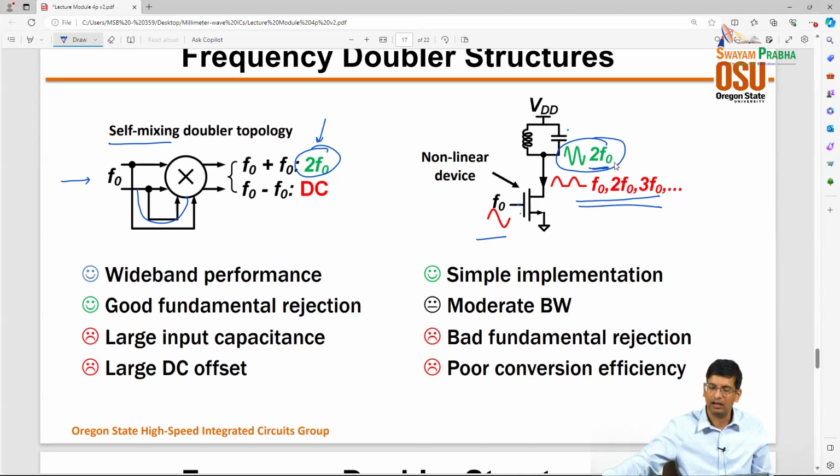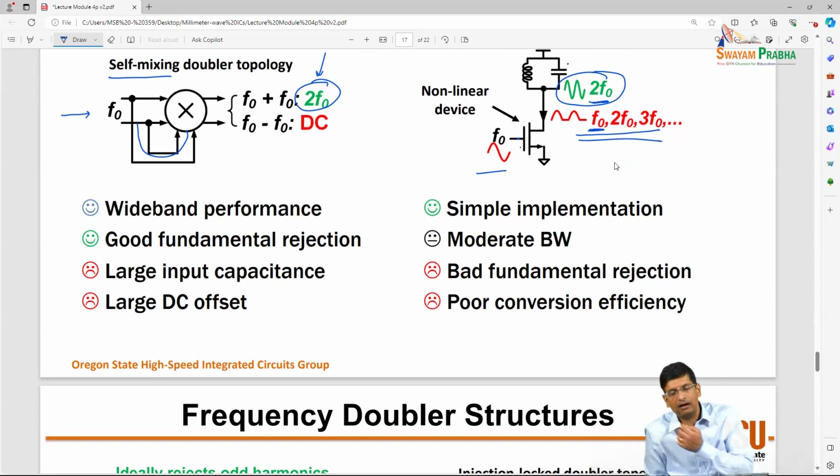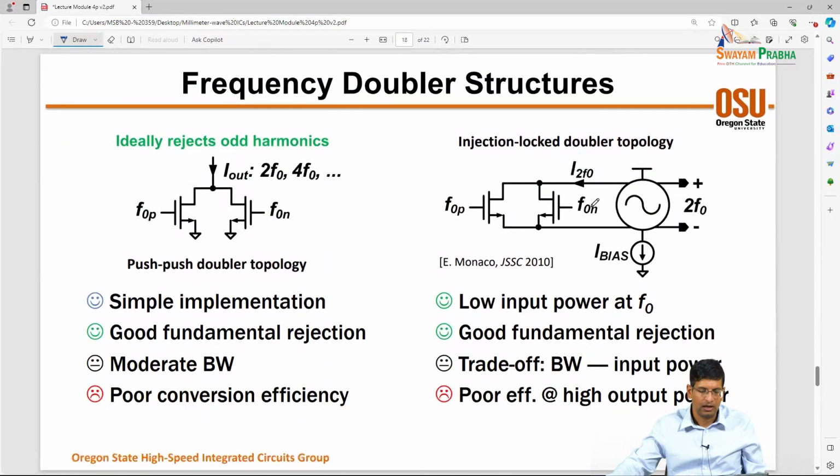That's one approach. The challenge with this approach is that there will still be a reasonable f naught signal, because with a second order resonator, from f0 to 2f0, I might get rejection that's of the order of 6 to 8 dB, right? I mean, it's not going to be substantially large.